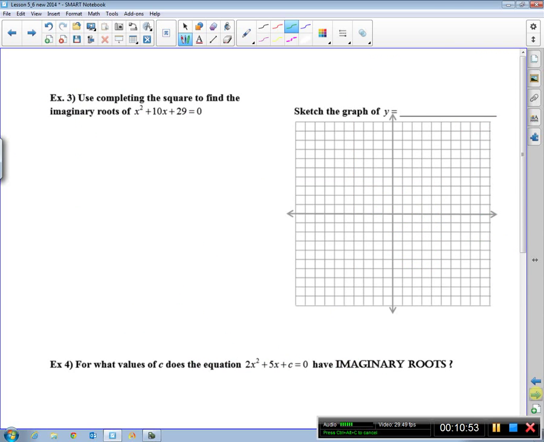All right. It says use completing the square. I would pause right now and try this one myself. And let's see what we get. Pause the video.